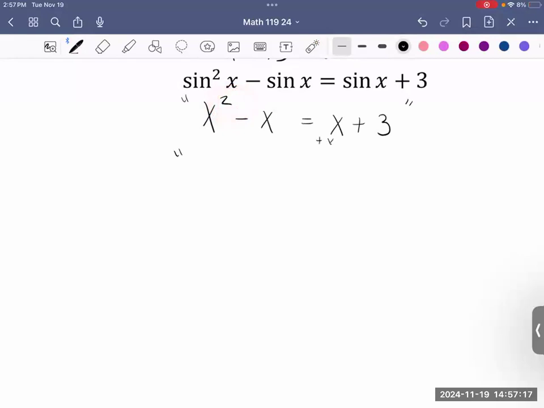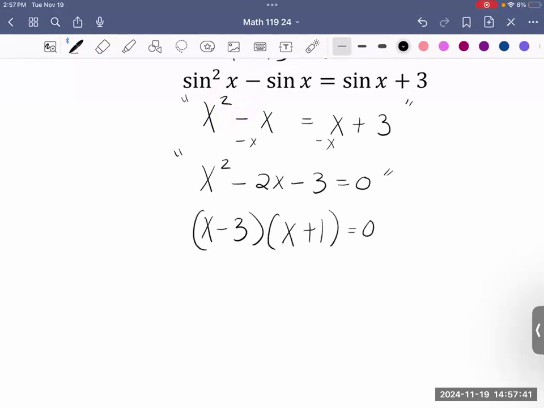Let's subtract this x because it's already positive, so it makes more sense to subtract. We'd get x squared minus 2x minus 3 is equal to 0. If we were to keep going, this is really x minus 3 and x plus 1 is equal to 0.